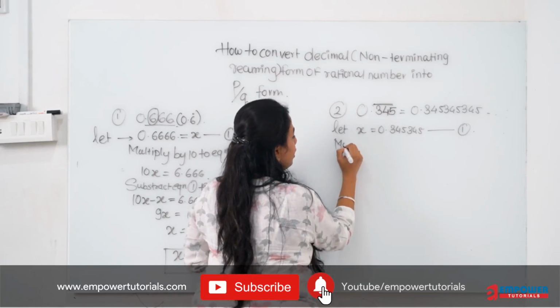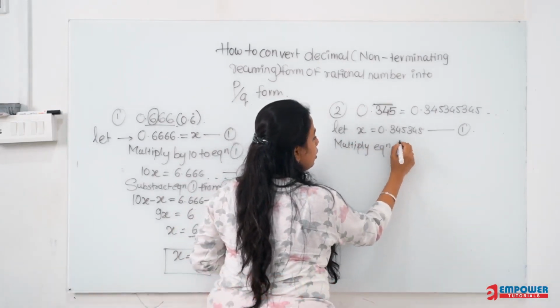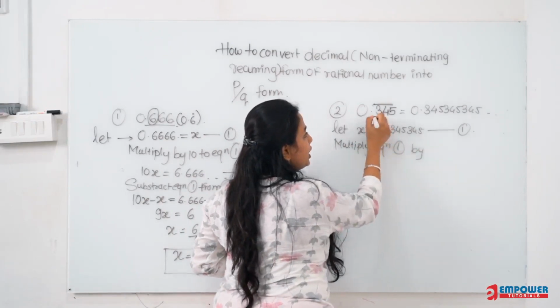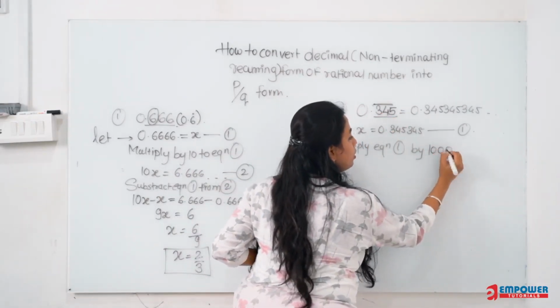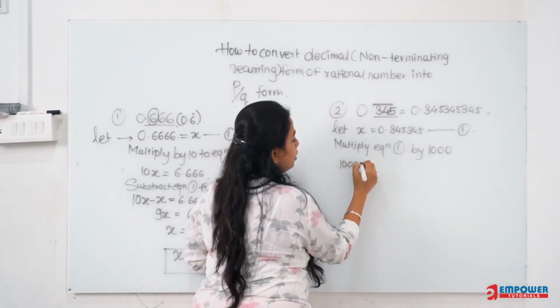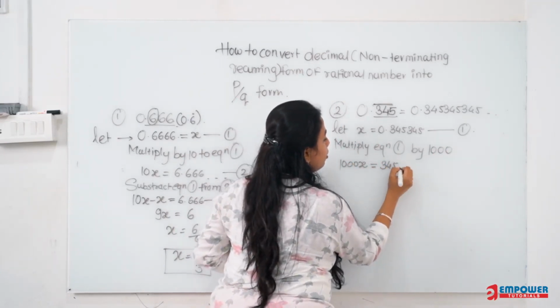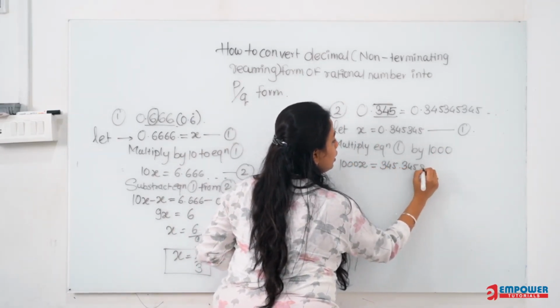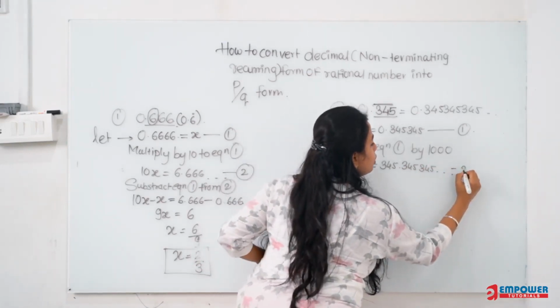Now multiply equation 1 by, since 3 numbers are getting repeated, I will multiply it by 1000. So 1000x is equal to 345.345 and so on. Okay, so this will be equation 2.